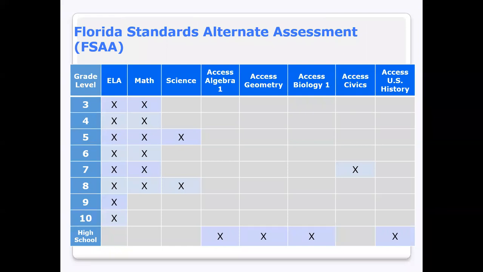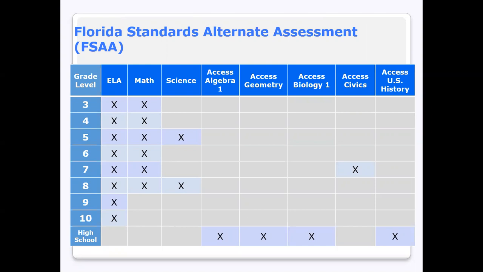Then we go into our alternate assessment, the Florida alternate assessment. I couldn't fit it in all the little boxes, but any student taking an alternate assessment should be in an access class. It can be delivered in a general education class, but it should be coded as an access class. Here, if you notice, we've got the same subjects and everything.